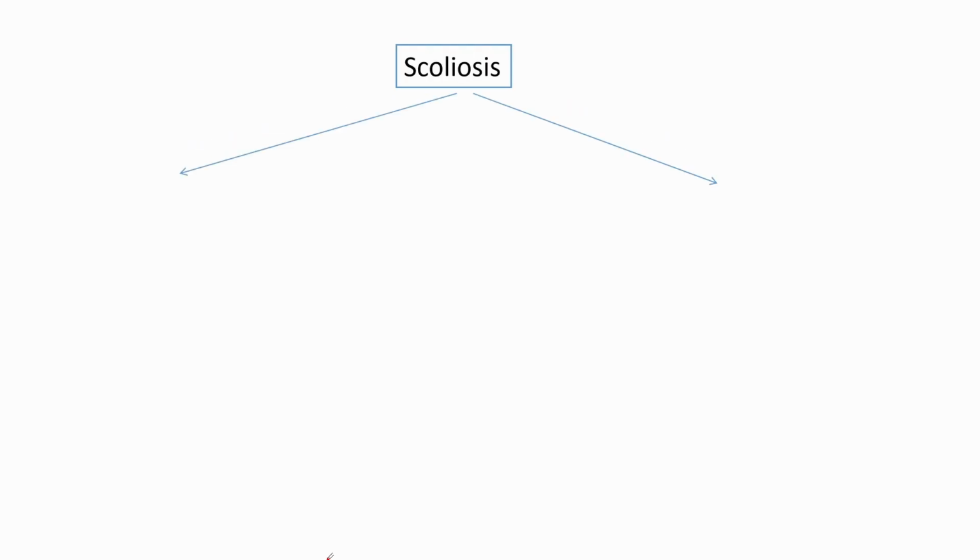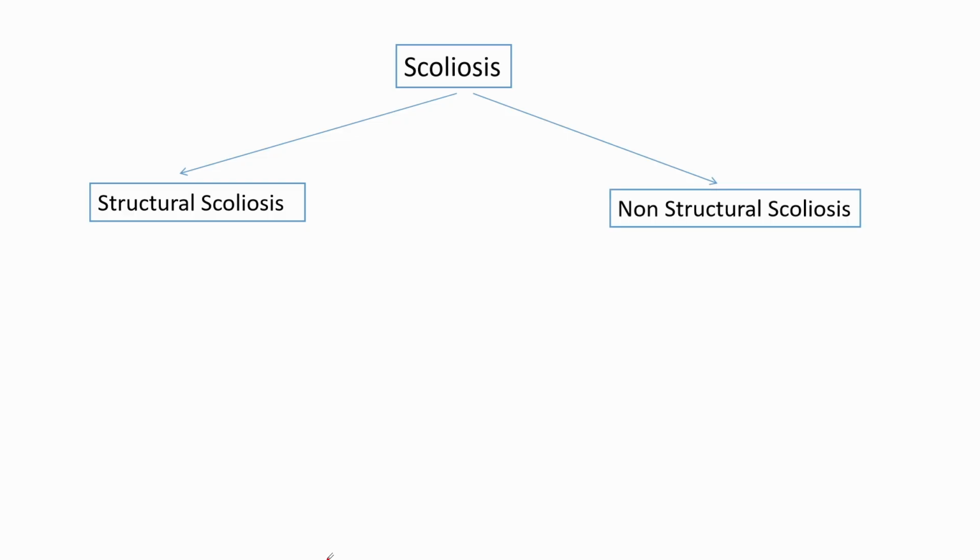Scoliosis can also be divided into structural scoliosis and non-structural scoliosis. Structural scoliosis is associated with a structural spinal abnormality and is associated with vertebral rotation. So in structural scoliosis, there is vertebral rotation along with the coronal plane deformity.